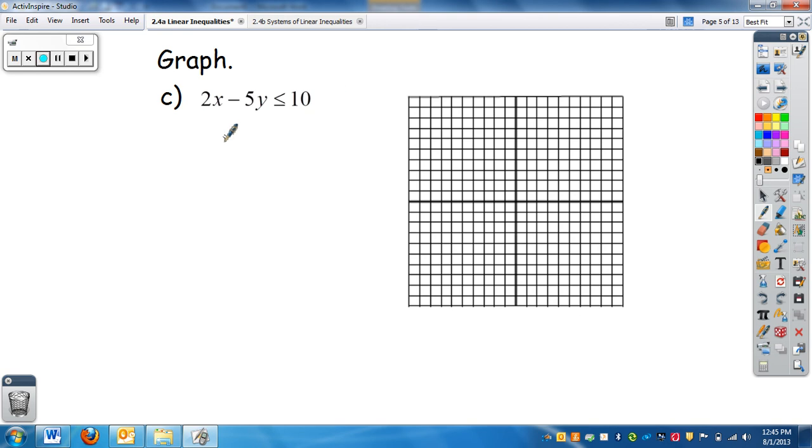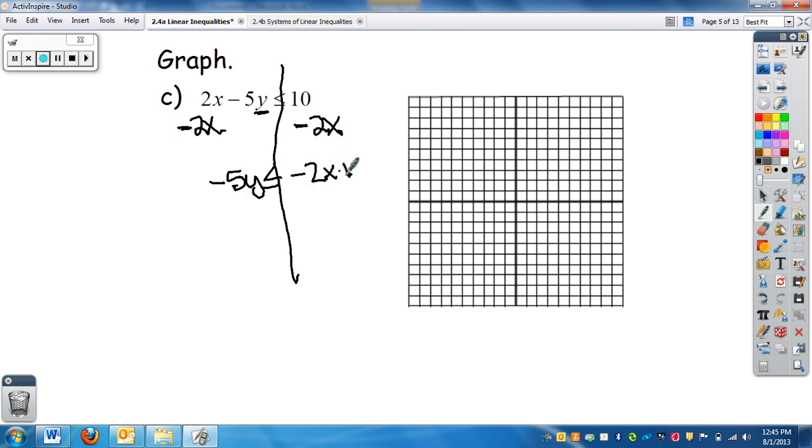So in this one, we need to get y by itself, which it's not. So I need to solve for y. I'm going to move 2x over, just like we did with our linear functions. So I have negative 5y, don't lose that negative, equals negative 2x plus 10, divided by negative 5.